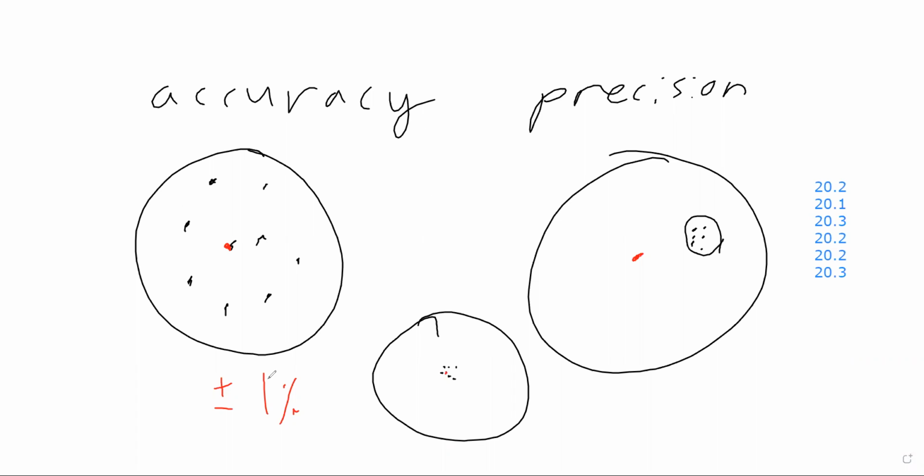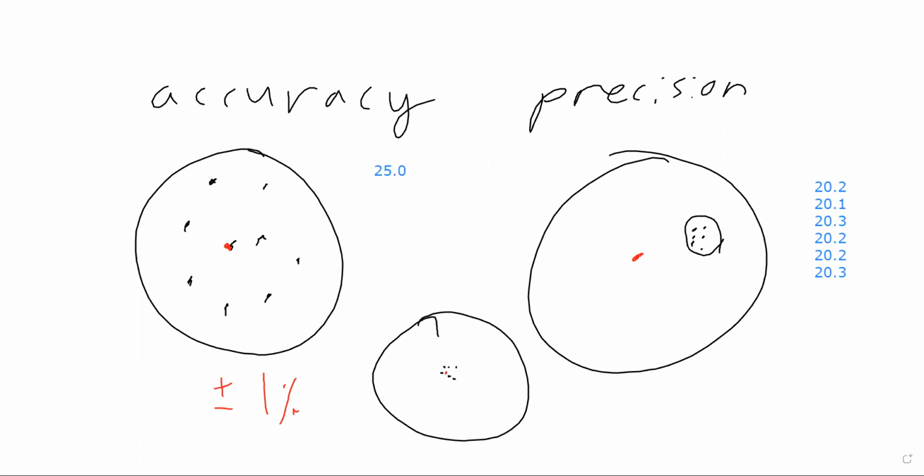So another example, so let's say that for all of these examples, our true value is supposed to be 25.0.